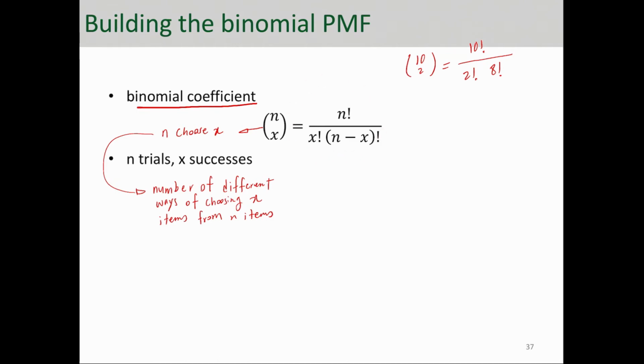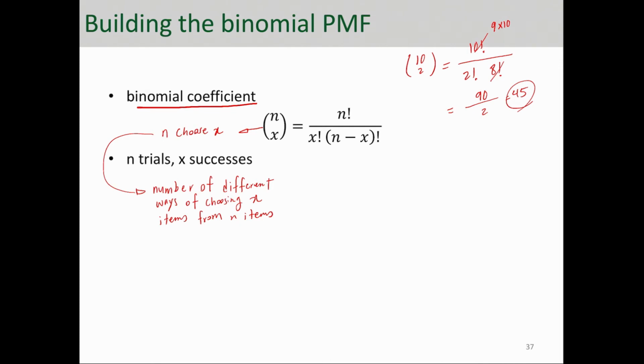Following this formula. And what is that equal to? Well, you can cancel out 8 factorial and 10 factorial, and what you would be left with in the numerator would be 9 times 10. So that is equal to 90 divided by 2 factorial, which is 2, so 45. So there are 45 different ways to select 2 items out of 10 items.